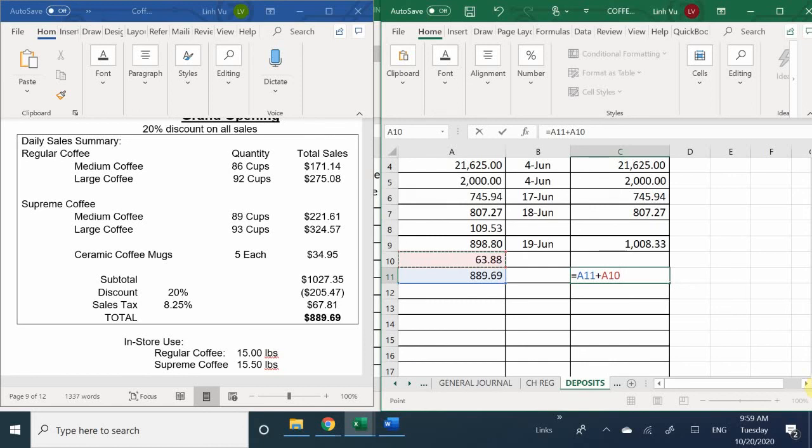Total deposit of 953.57, and today's date is going to be June 20th.